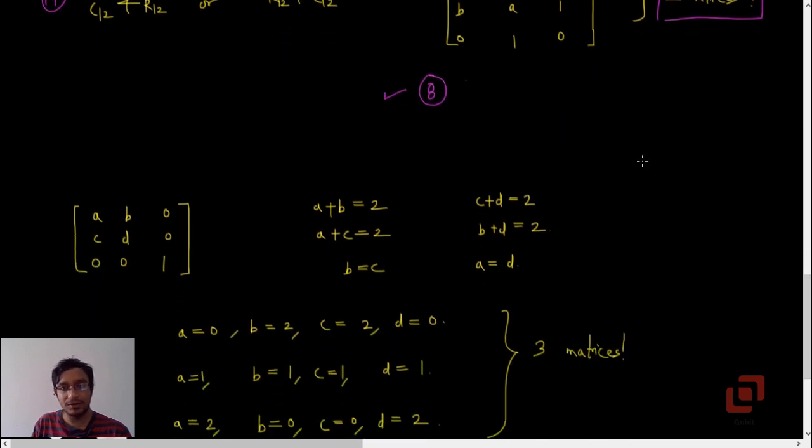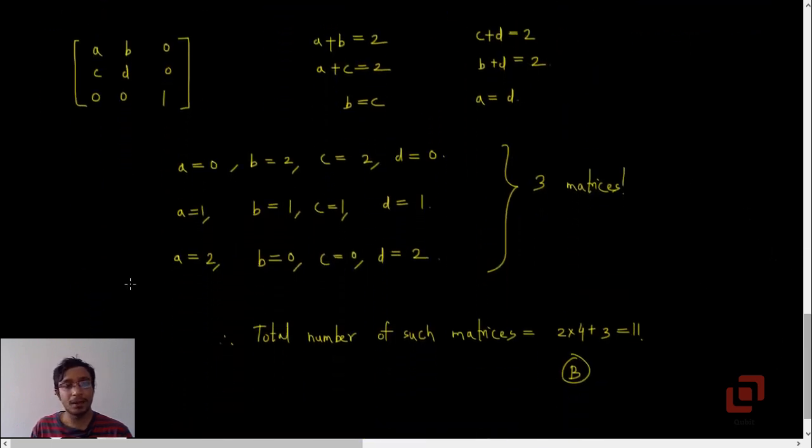So 8 possibilities we have already talked about, and now we will consider the possibility 5 and talk about the values of A, B, C and D. Okay, yes.